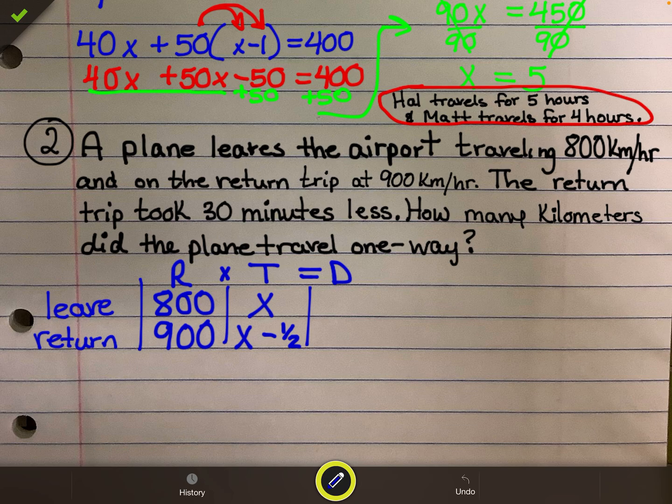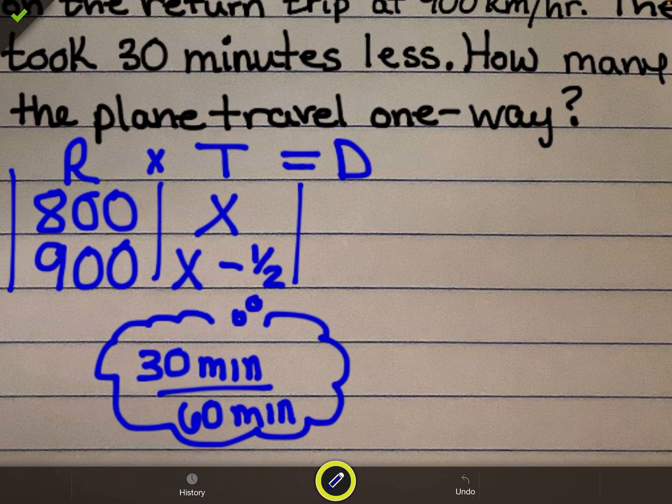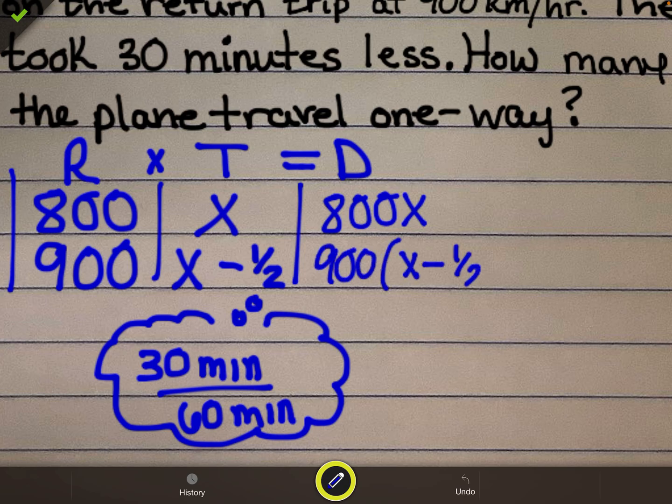The reason why I'm doing 1/2 is because the rate is in terms of hours, and I need 30 minutes to be converted into hours by taking 30 minutes divided by 60 minutes per hour, which is 1/2. Now for the distance, I can multiply these two together to get 800x and 900 times the quantity x minus 1/2.